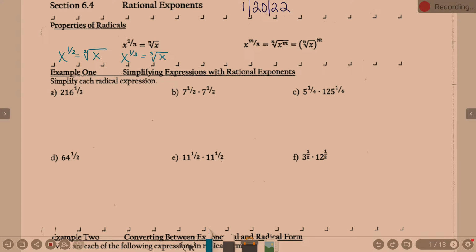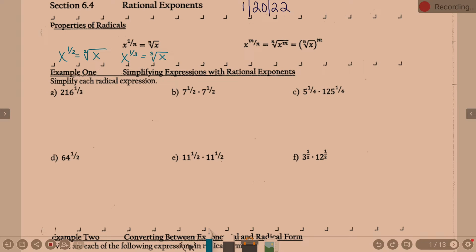Or what if it's x to the m over n? This is a memorization thing. X to the m over n can be written one of two ways. We can write it as the nth root of x to the m, which is what you'll usually see me do, or the nth root of x raised to the m power. What do you notice?